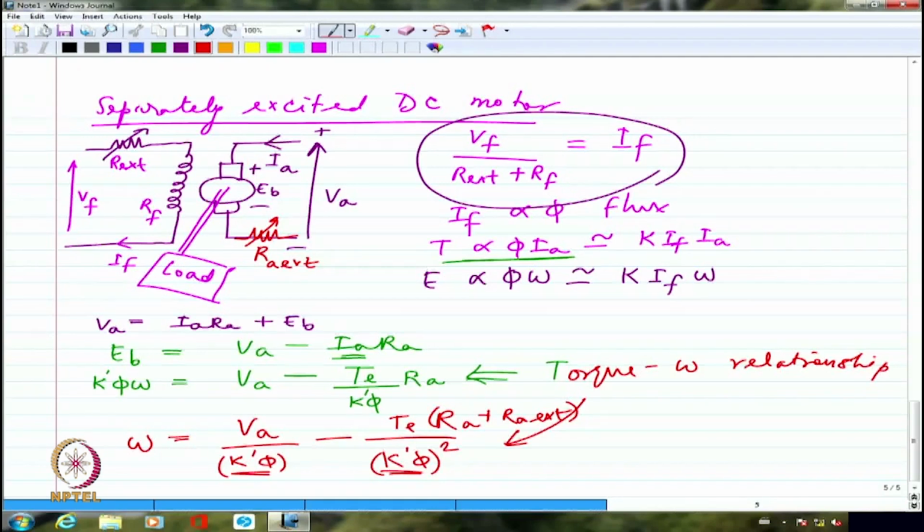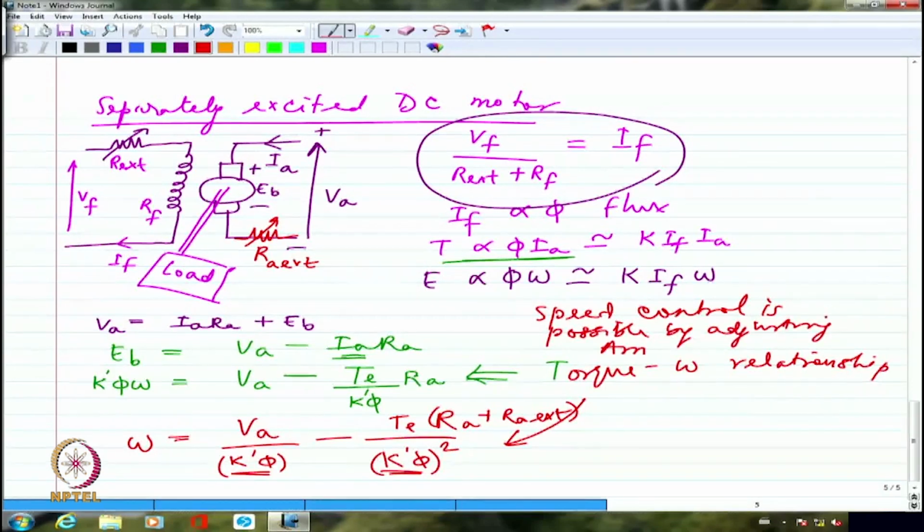So this tells me that speed control is possible by adjusting armature external resistance. This is one of the speed control methods which we will talk about eventually.